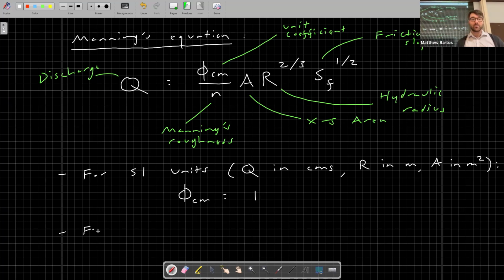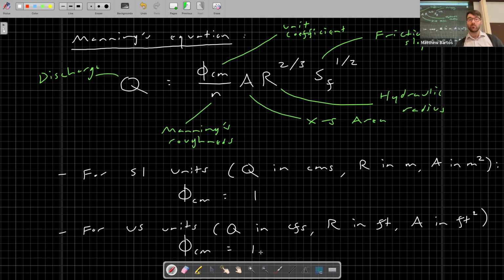Okay, for US units, and that is discharge in cubic feet per second, hydraulic radius in feet, and cross-sectional area in feet squared, phi will take on a value of 1.49.